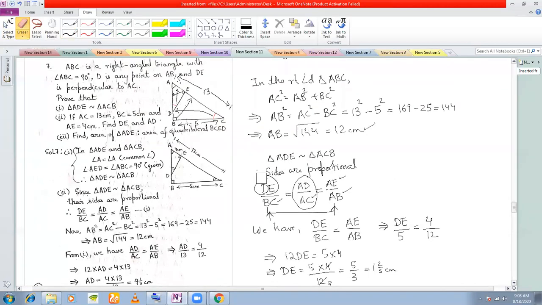Again, let us mark from this and let's see what is given. Then we'll take the equalities.